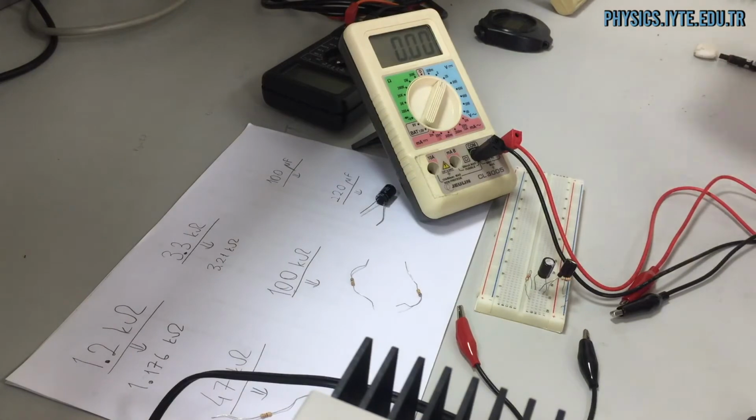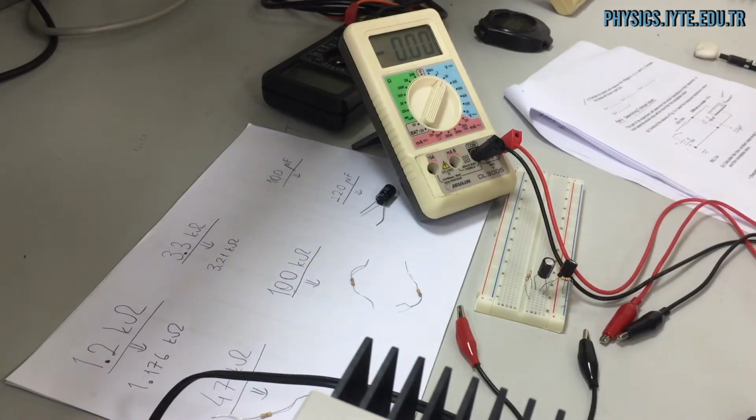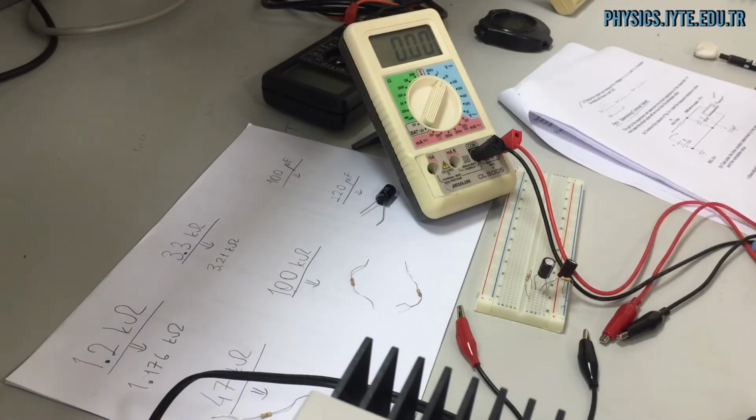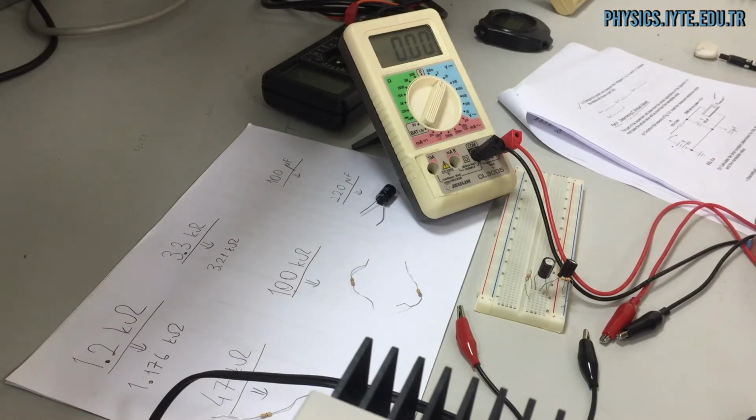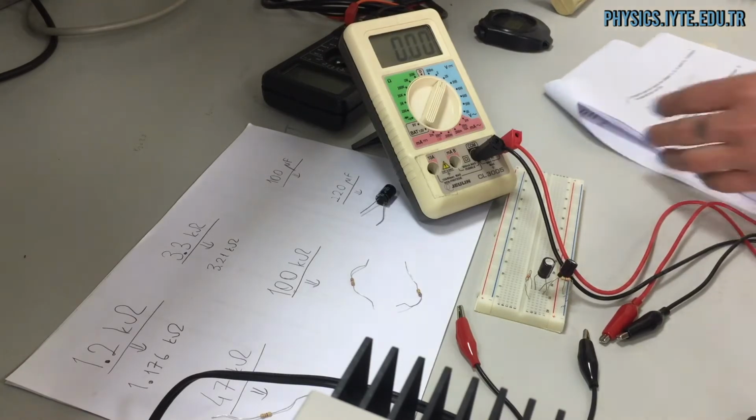In part C, it says energize the system and measure the voltages V1, V2, V3, and V4.